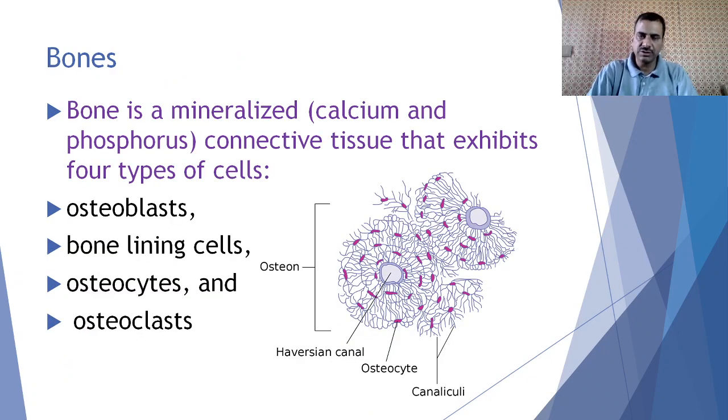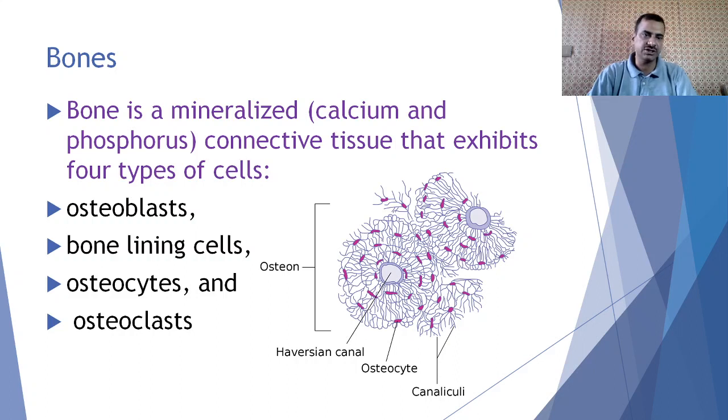First we will discuss what is bone. Dear students, bone is a tissue. We can say bone is a mineralized tissue. Minerals are calcium and phosphorus. It is a connective tissue that exhibits four types of cell. It means the bone consists of cells and minerals.